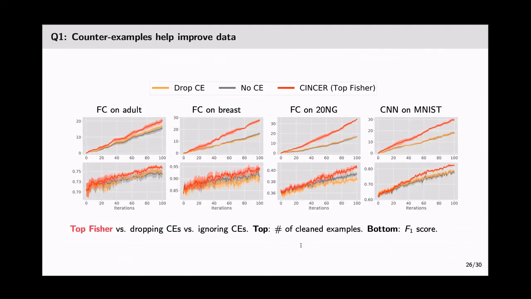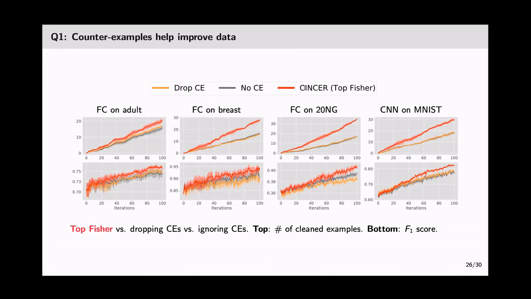In the first experiment, we compare our method, which is named CINCER, the red line, using top feature. So again, computing our feature information matrix only for the parameters of the top layer of our network.